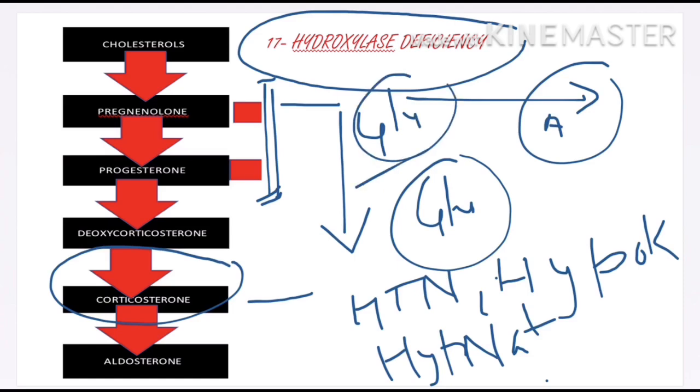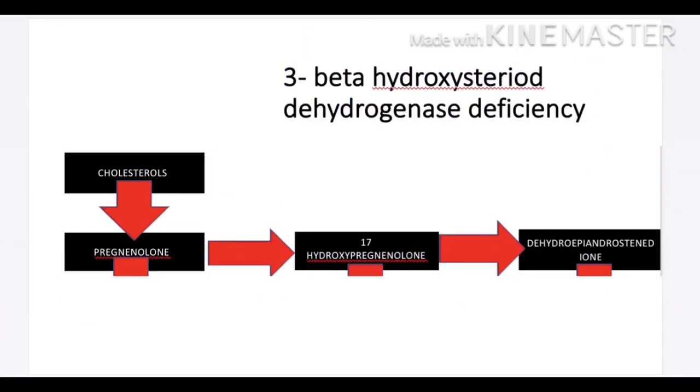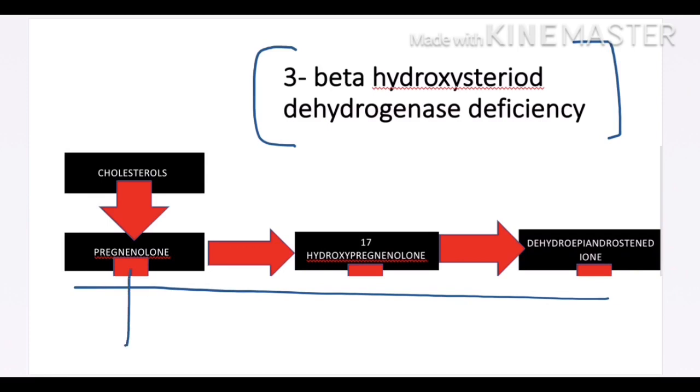Okay, now we have 3 beta hydroxysteroid dehydrogenase deficiency. Okay, here we have this enzyme, this step. So no mineralocorticoid, no glucocorticosteroid and no androgen.